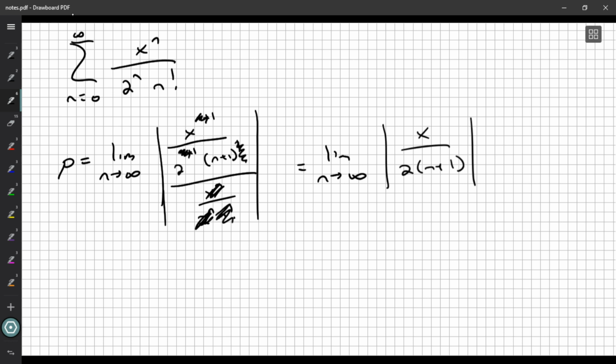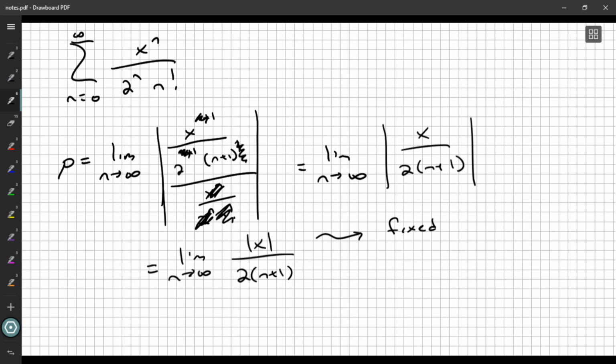Now, 2 and n plus 1, these are already positive. So we can just say absolute value of x over 2 times n plus 1. Now, absolute value of x has no n's in it. It's fixed. It's constant. So is the 2, really. What's happening here is we've got a limit.